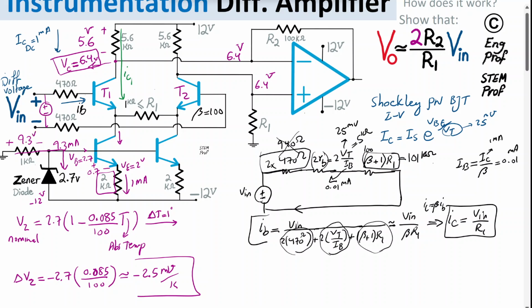This IC1 is the one we computed. At the same time, this IC1 will flow like this and go back AC-wise like this. So that's IC1 flowing. That is the scheme about these two transistors, but the fact is this IC1 cannot go through the 5.6K. That's the nice thing about this circuit.